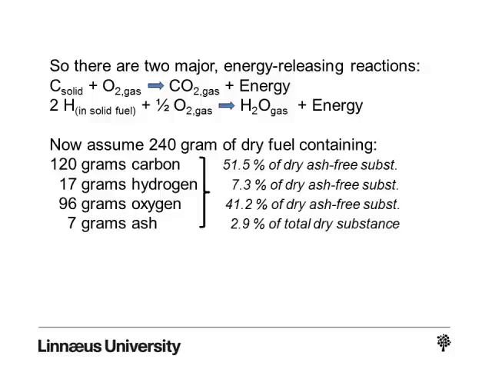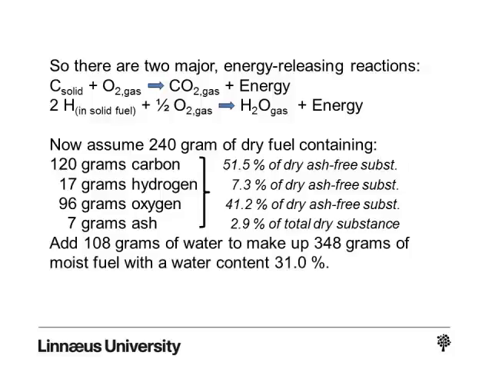That corresponds to an analysis of 51.5% carbon in the dry ash-free substance, a little more than 7% hydrogen in the dry ash-free substance, and a little bit more than 41% of oxygen in the dry ash-free substance. The ash content is just below 3% of the total dry substance. You may want to refer back to the appendix about fuel analysis to remember the terminology in fuel analysis.